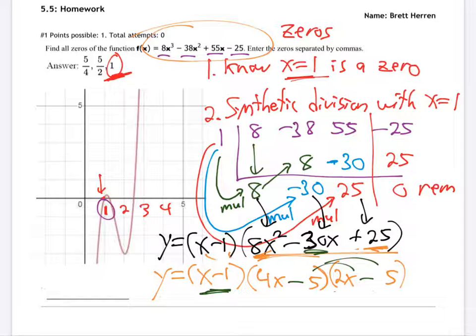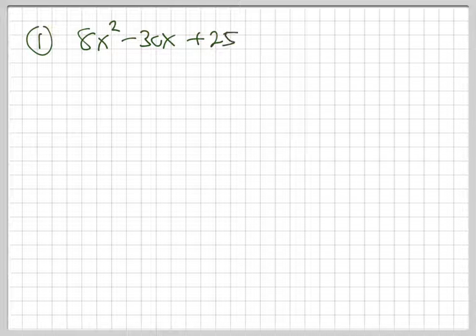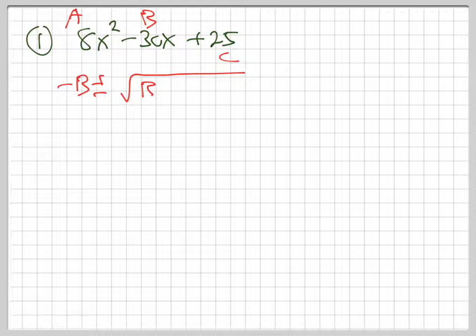So instead, you could do the quadratic formula. So let me do that. Let me take that 8x squared minus 30x plus 25. So this is number 1 here. 8x squared minus 30x plus 25. And then you can just do the quad. So, this is A, this is B, this is C. Negative B plus or minus square root B squared minus 4AC all over 2A.